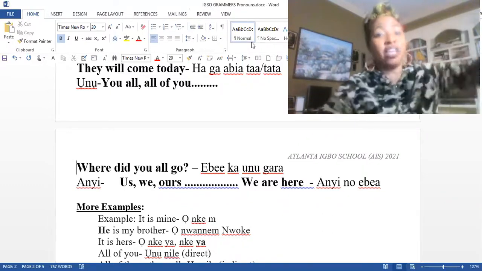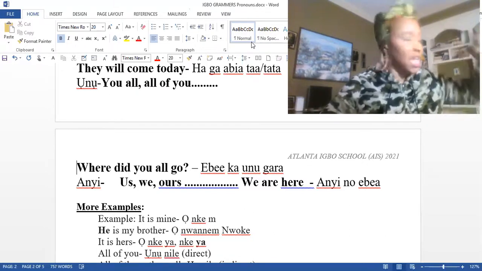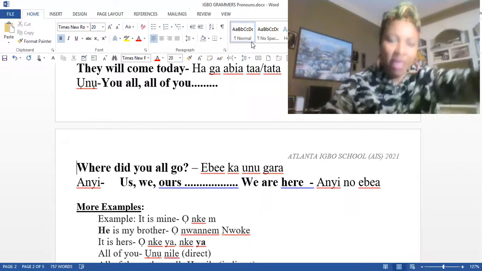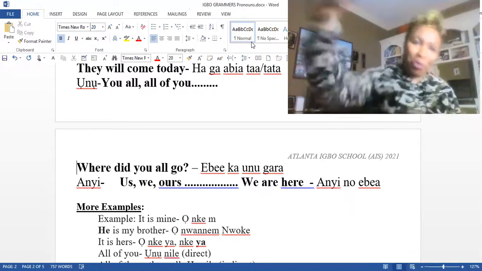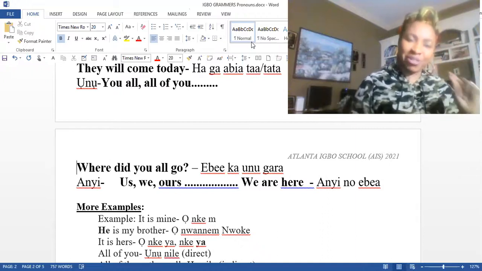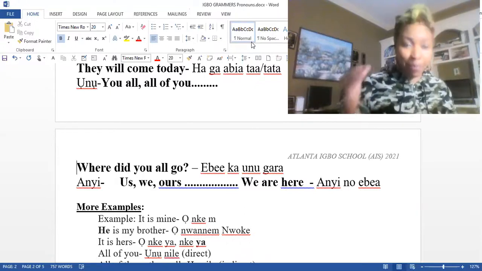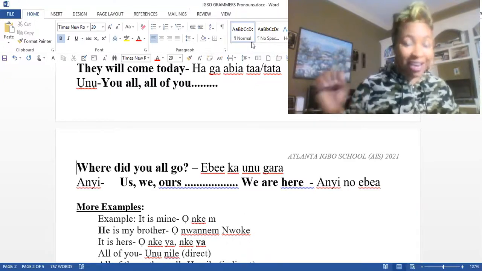If it is just singular, one person, you are the only one: Ebeka I gara. I will not put that ono. The person asking you will not put ono, because it's only you. Whenever you hear that ono, it means plural. It is not singular.